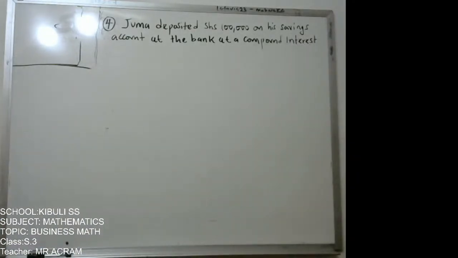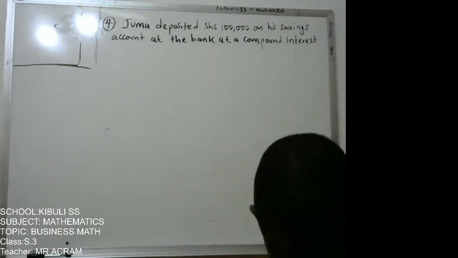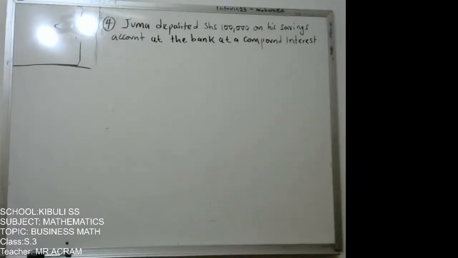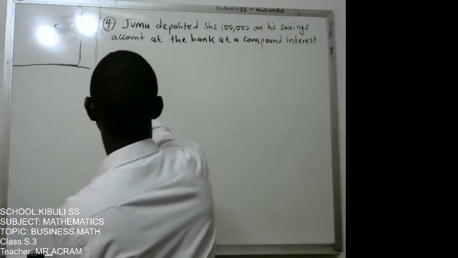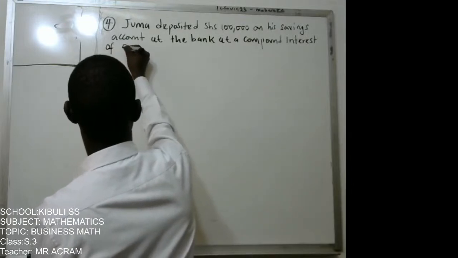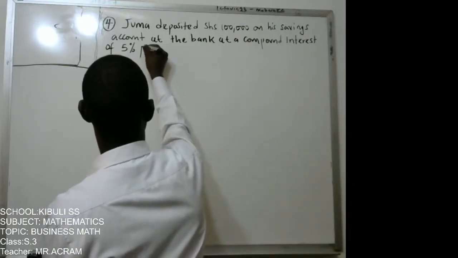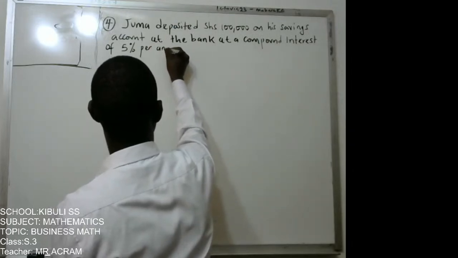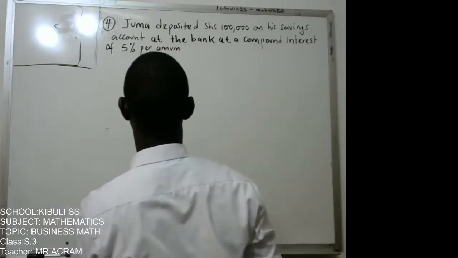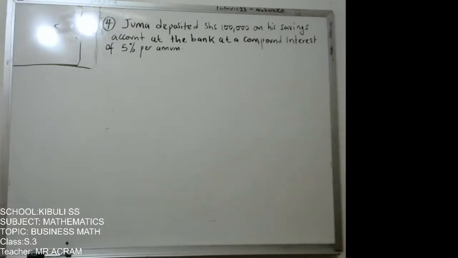So you have to read the question and know what exactly they want. So Juma deposited shillings 100,000 on his savings account at the bank at a compound interest rate of 5% per annum.